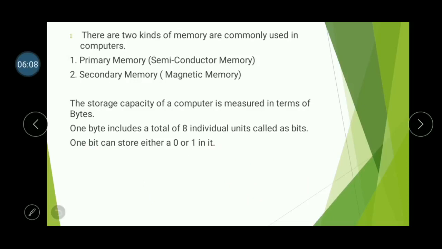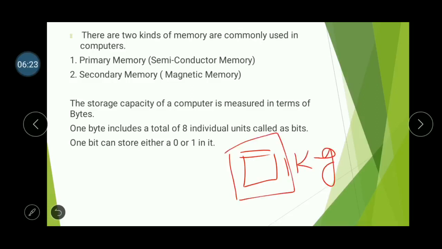That means if I have a packet, this packet can carry only 1 kg of sugar, not more than 1 kg. Like that, 1 bit of computer memory will store either 0 or 1.